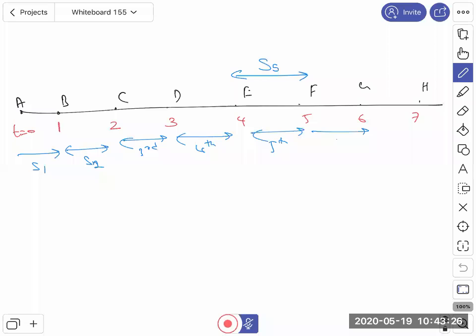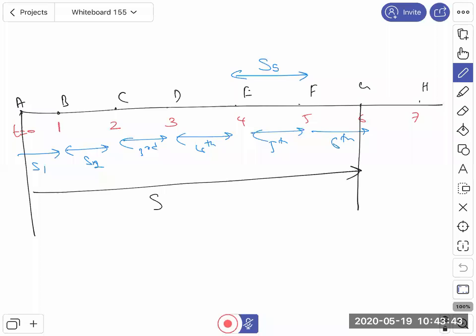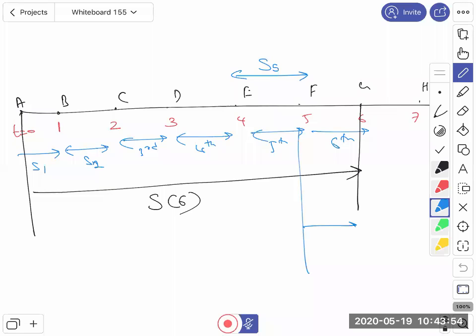This is displacement in the 6th second, like that. Did you understand? So in the question, displacement in 6 seconds is given. Displacement in 6 seconds means the distance traveled from 0 to 6. Now if they are asking what is the displacement in the 6th second, that means the distance traveled between 5 and 6, that is displacement in the 6th second. Understand the difference?